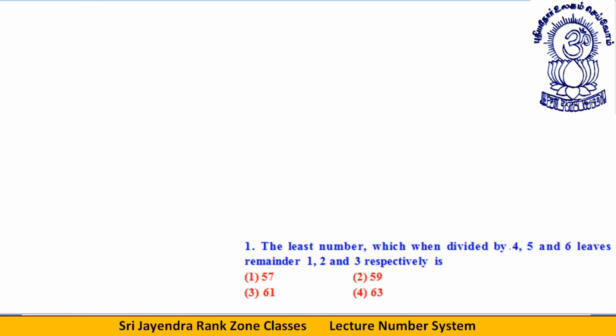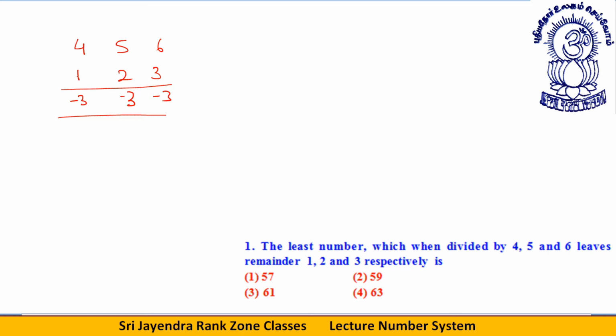The least number which when divided by 4, 5, 6 leaves remainder 1, 2, and 3 respectively. See, for 4 a remainder of 1, for 5 a remainder of 2, for 6 a remainder of 3. This way I can say 1 minus 4 is minus 3, 2 minus 5 is minus 3, 3 minus 6 is minus 3.